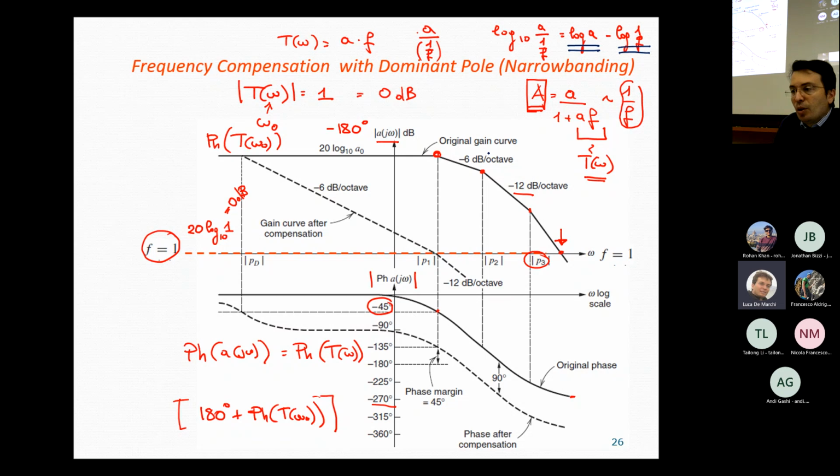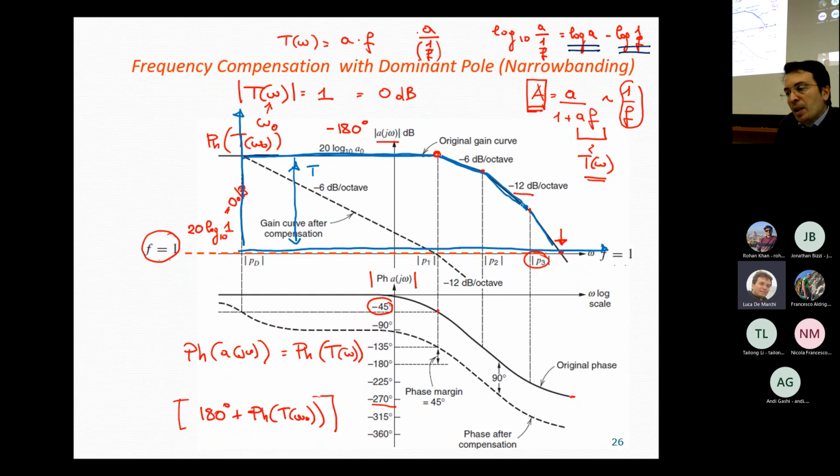So for this reason, the distance between this curve here, the A of j omega curve, and the dashed line here, this distance here corresponds to T. So basically T can be found by shifting the 0 dB axis to the value of 1 over F. So T can be found this way.